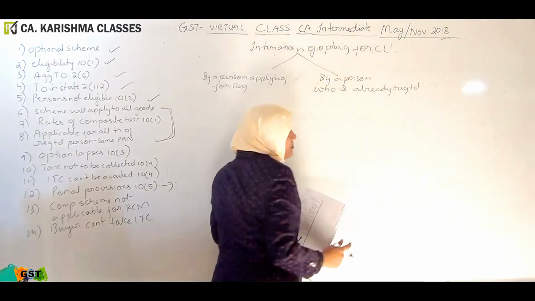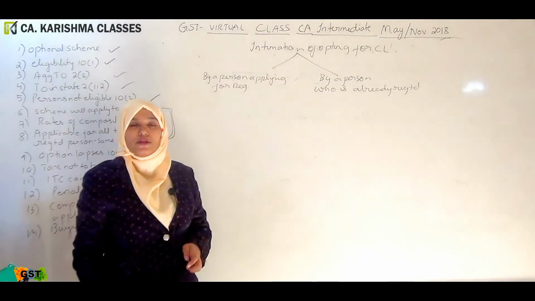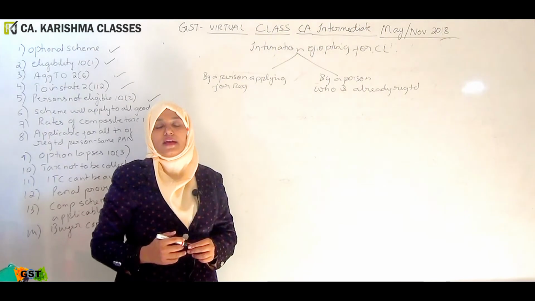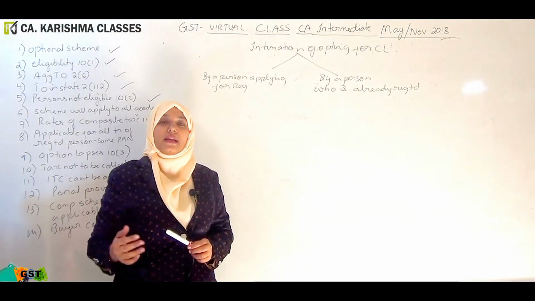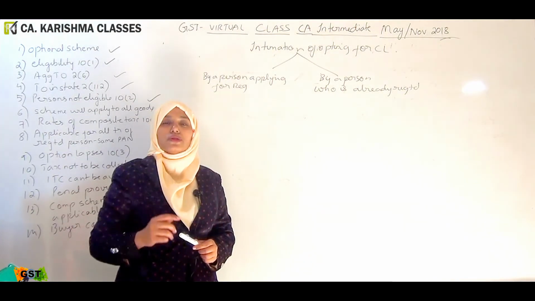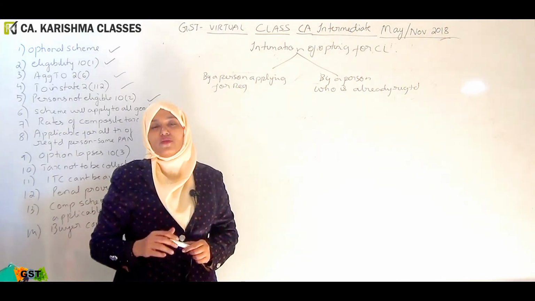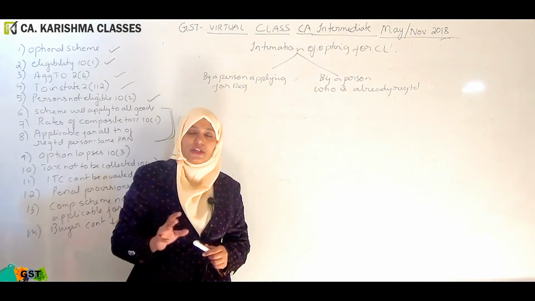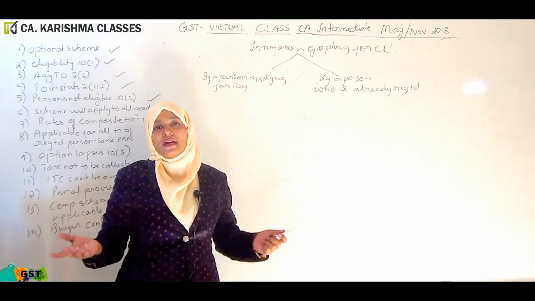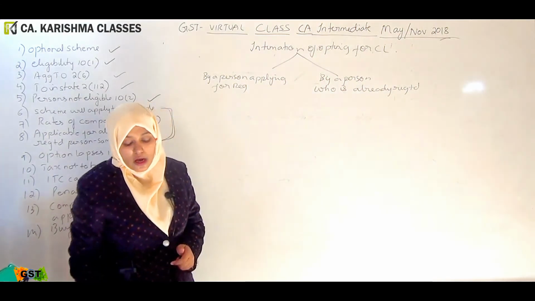So two kinds of people. I told you this scheme is open for new SSCs. At the time of registration, you can make an application that I want to go with composition scheme. Or if you're already registered but you're a small fellow, you've not touched huge numbers, your turnover is less than 75 lakhs, you can opt for it. So how do you do it?